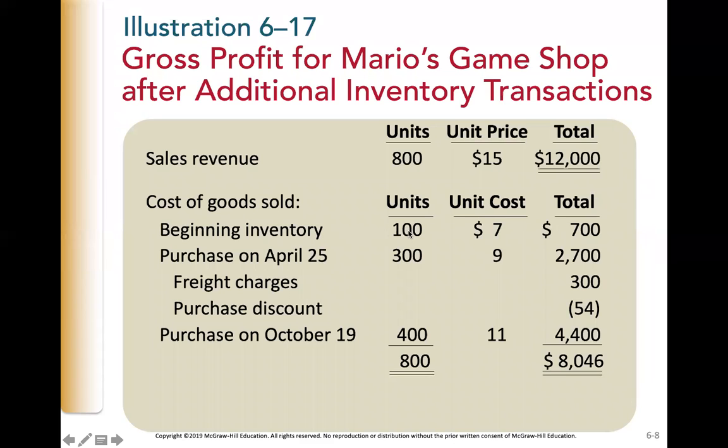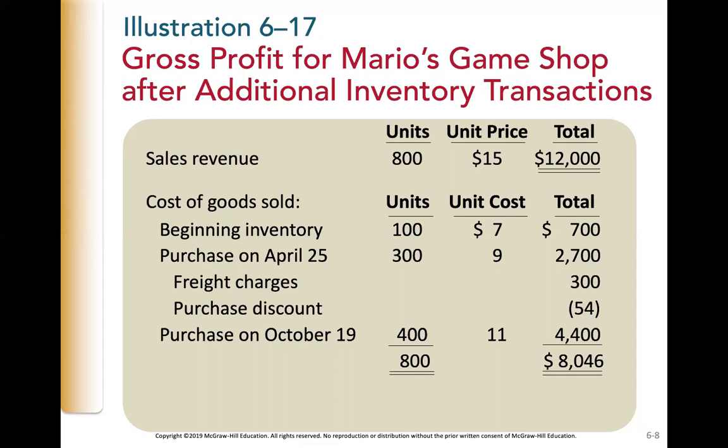He sold 100 units out of beginning inventory at a cost of $7, so $700. He sold all 300 from his April 25th purchase between the two different sale transactions. Remember, he sold 200 units on July 17th and then an additional 100 units on December the 15th.